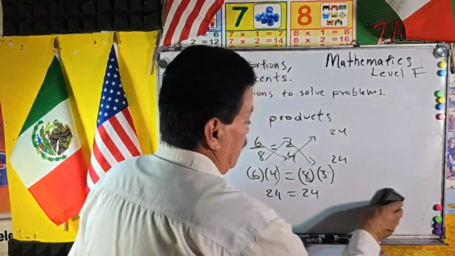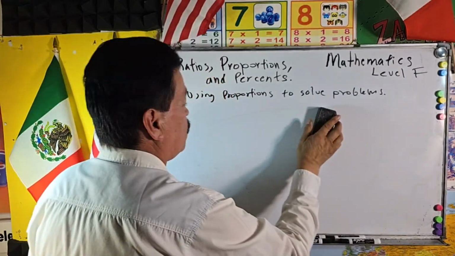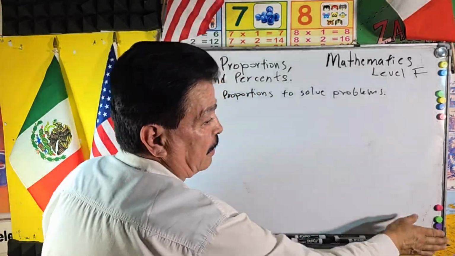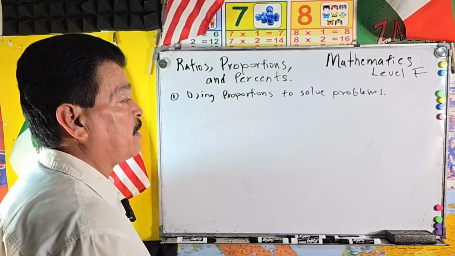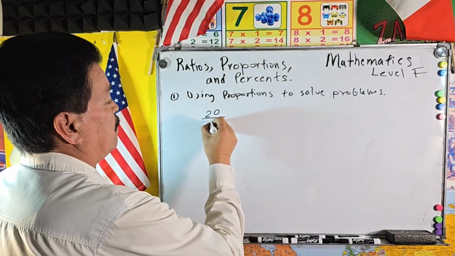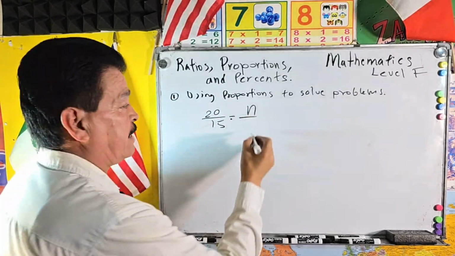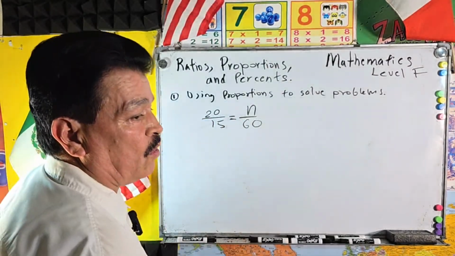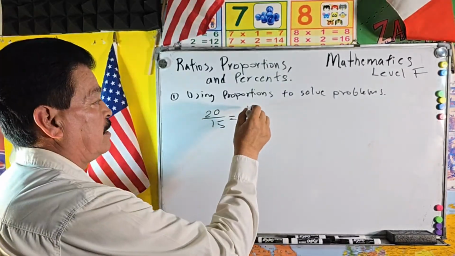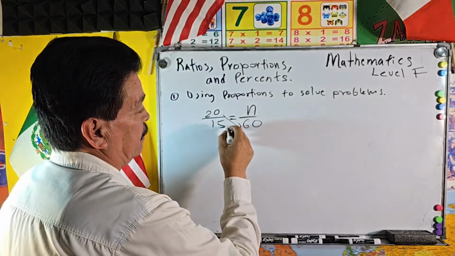Now let's solve one problem. Using a cross product, solve this problem: 20/15 equals n/60, right? We have to find how much n is.